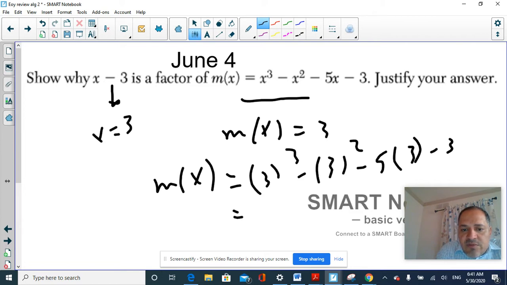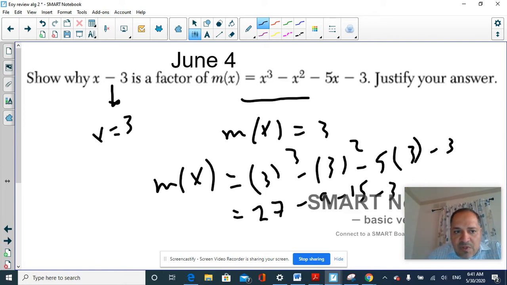You have 27 minus 9 minus 15, and then minus 3. 27, then negative 9, negative 15 is negative 24, minus 3 is negative 27, so 27 minus 27 is 0. So now we can see that x minus 3 is a factor.